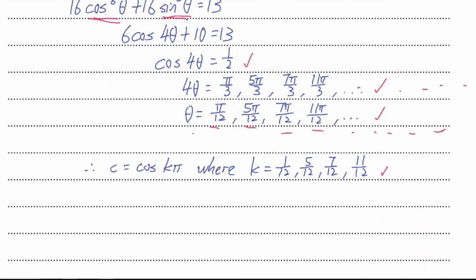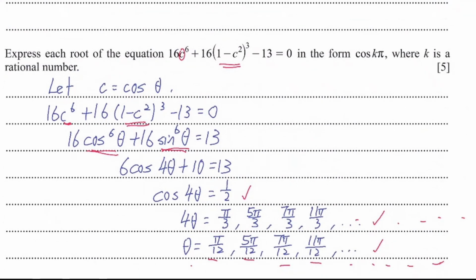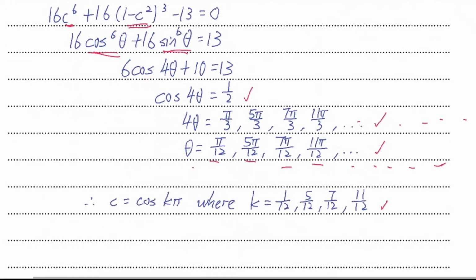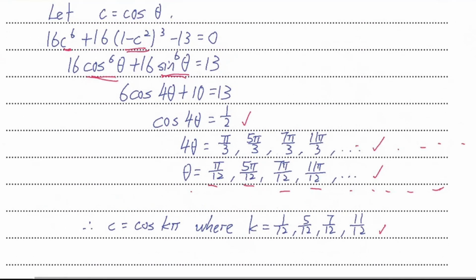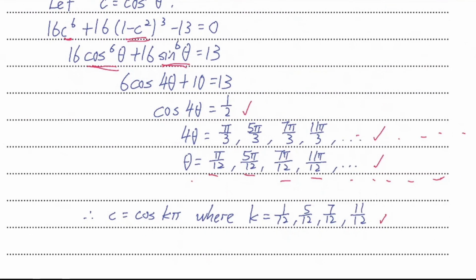But at last, we just need to look at how many roots we need. The equation here only has power 4, so what we need is just the 4 values of k only.